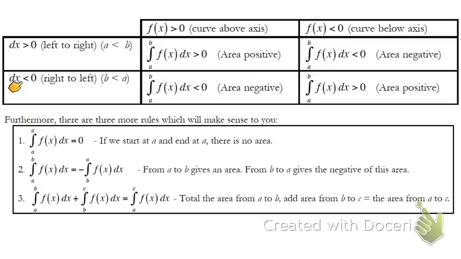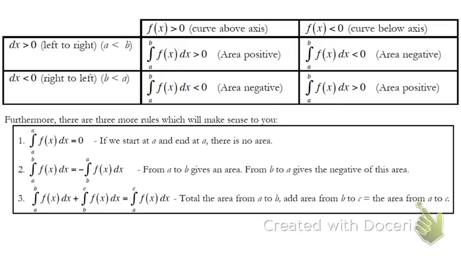So, for example, if A is less than B, meaning if you start from the left and it's 2 and you go to the right, which is 5, versus if you go from 5 to 2, depending on which way you read it, you're either going to get positive values or negative values. And then if the function is above the x-axis versus below the x-axis, it will depend on whether or not we get these areas to be positive or negative. And we'll see that as we're looking at it a little bit more in detail in a minute.